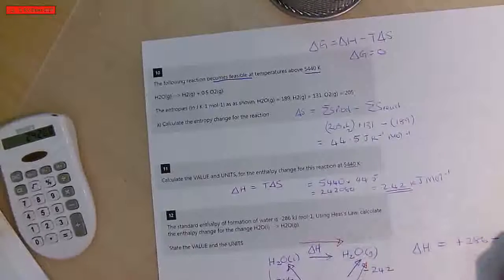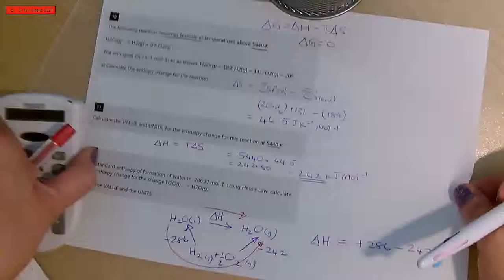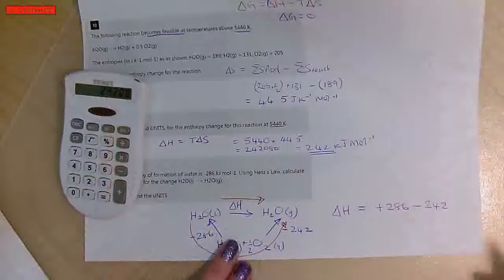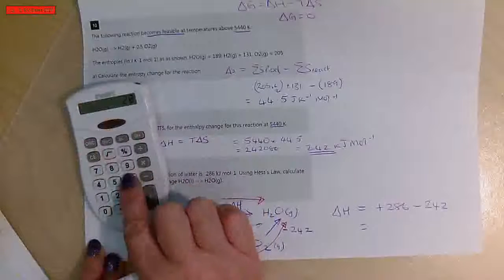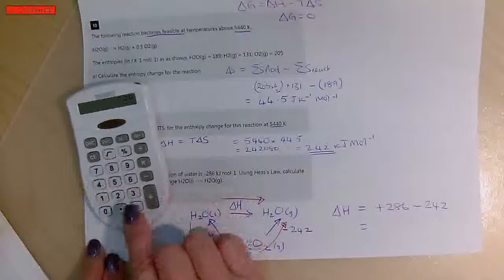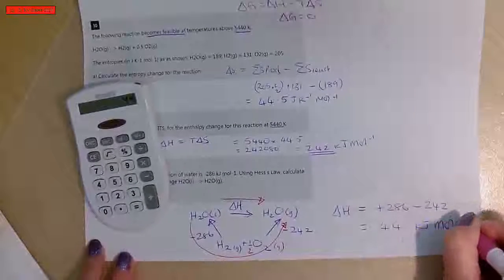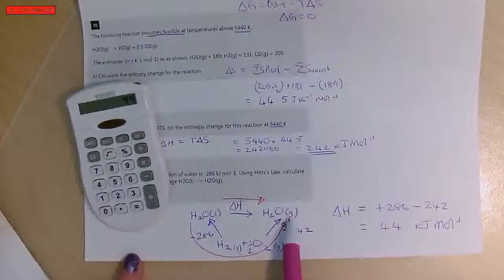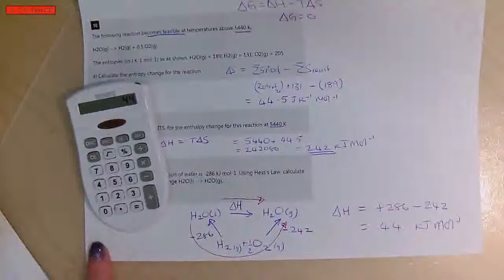I'm going with the arrow, so I'm going to keep the sign the same, 242. Let's just move that over so you can see that. So we add those together. 286 take away 242 equals 44 kilojoules per mole. So the latent heat of vaporization, or the enthalpy of vaporization, is 44 kilojoules per mole.